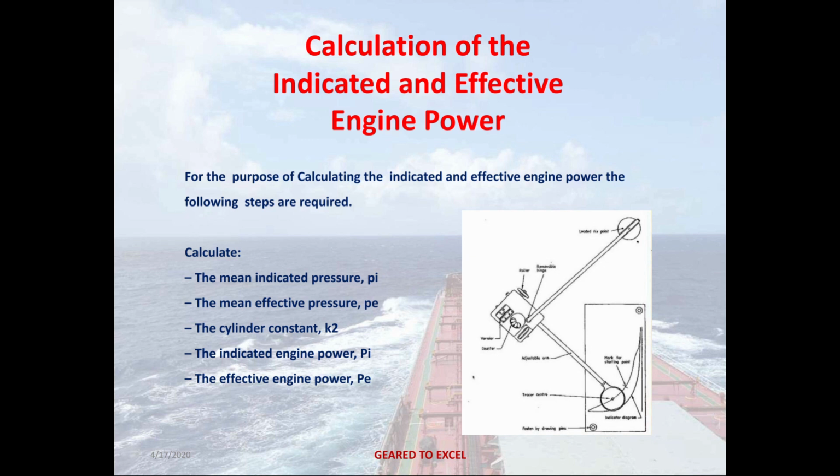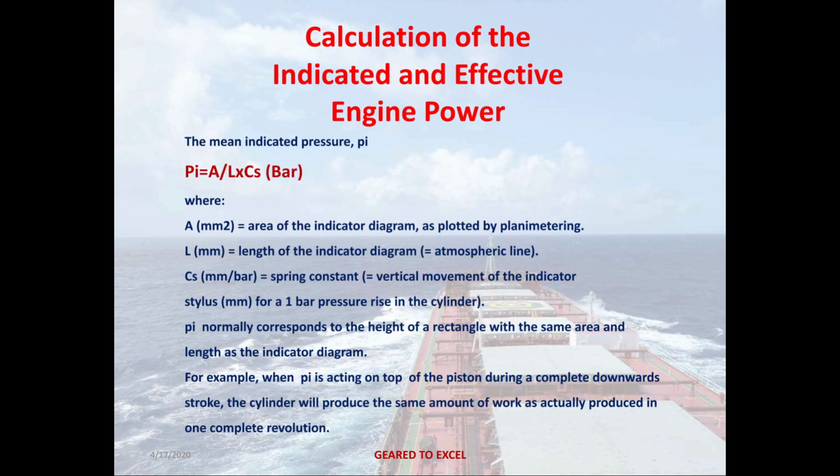The mean indicated pressure PI, the formula for that is PI is equal to A upon L into CS, where A is the area of the indicator diagram, as plotted by the planimeter, in mm square. L is the length of the indicator diagram, equal to the atmospheric line in mm.